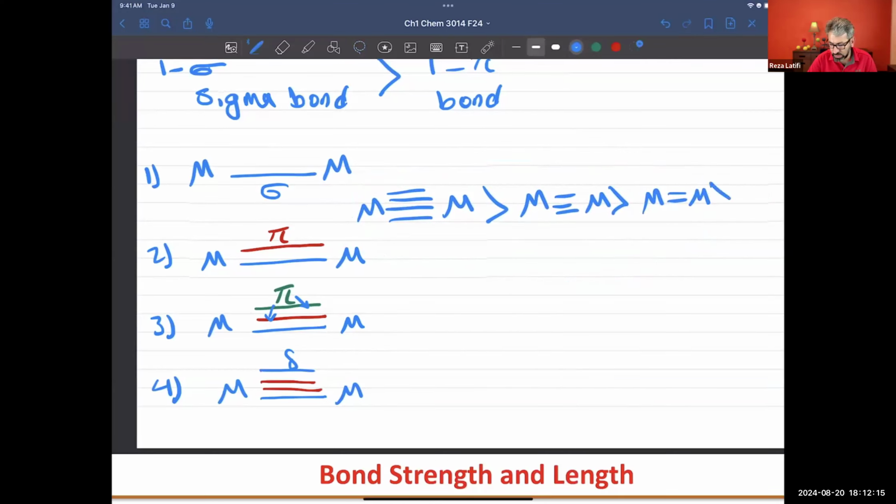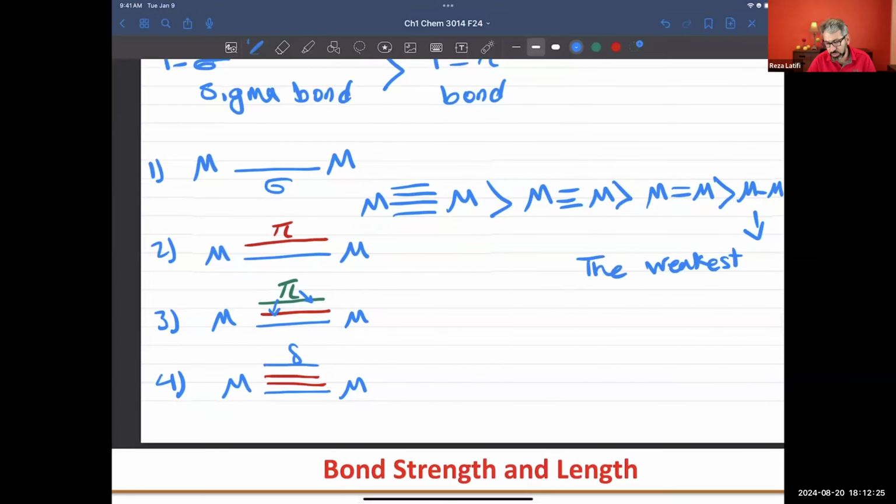So the single bond will be the weakest bond, and also will be the longest bond.